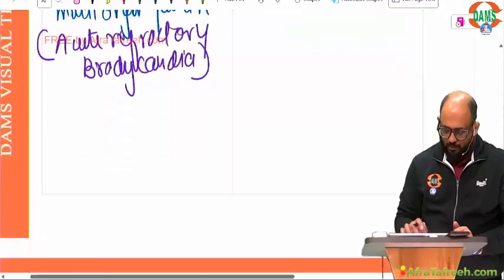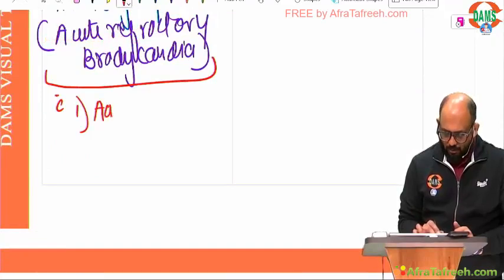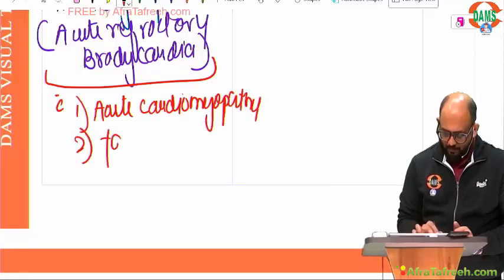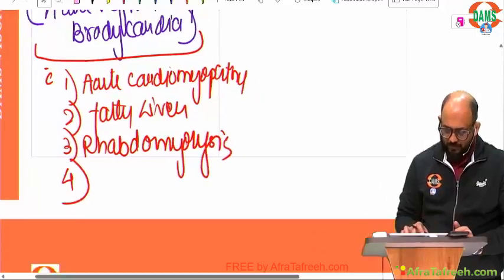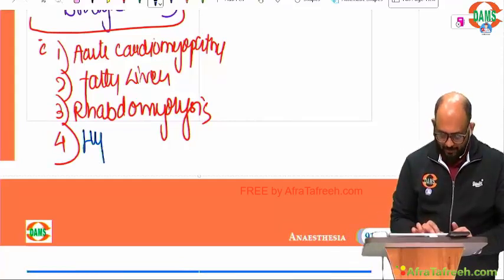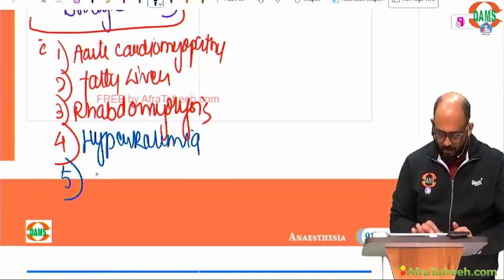Along with this, you have one or many of the following: acute cardiomyopathy, fatty liver, rhabdomyolysis, hyperkalemia, and metabolic acidosis.